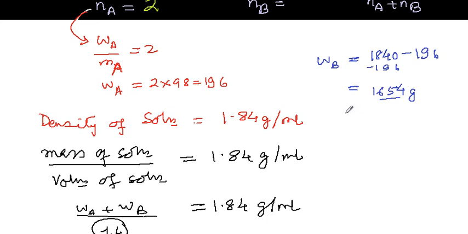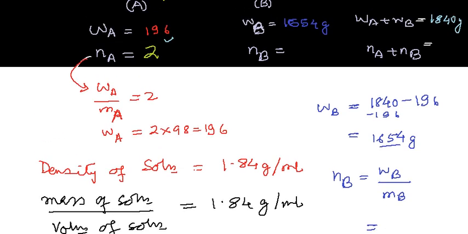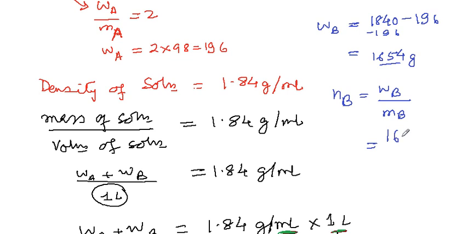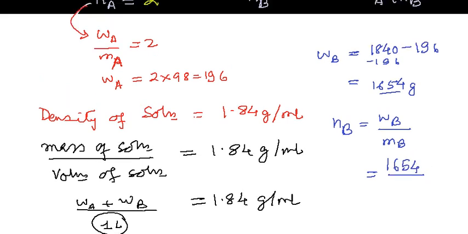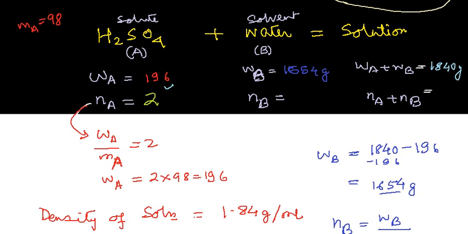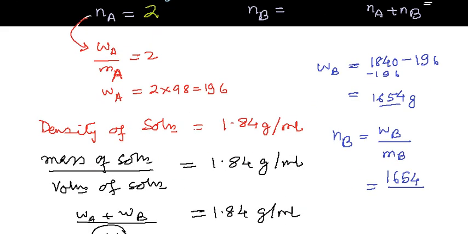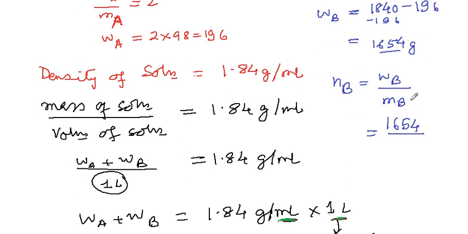Once we have the weight, we can have the number of moles of B. The formula that we know is weight of B by molecular mass of B. So the weight of B that we have is 1654, and the solvent that we have taken, if the solvent is not mentioned, you should always keep in mind that the solvent by default is water.